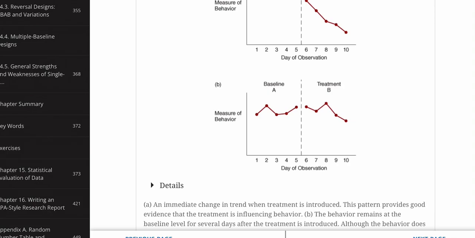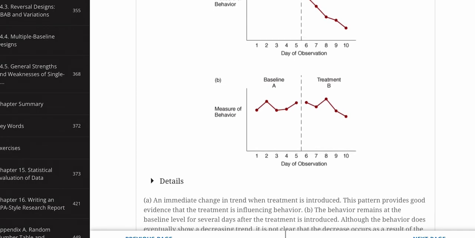When the treatment is introduced, in graph B, the one below, you can see that the behavior is remaining at the baseline level for several days after the treatment is introduced, and then it starts to go down around day 8, 9, and 10. So what latency of change means, think late, delayed, okay?